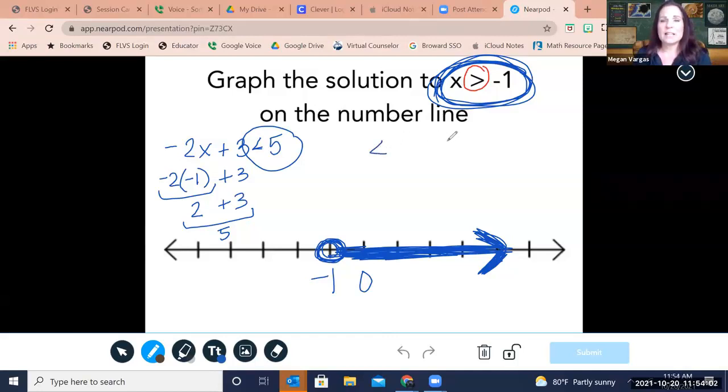If it's less than or greater than, you're going to use an open circle on your graph because it does not include the number, like we saw here. If it has the equal to line underneath it, you're going to use a filled in circle on your graph because it does include the number.